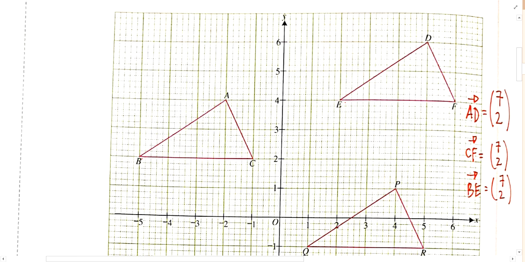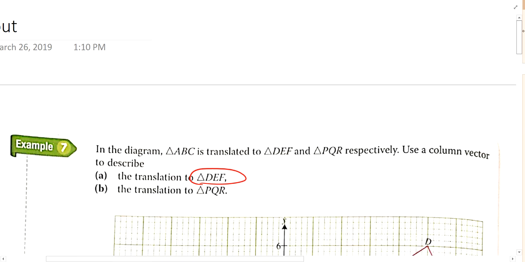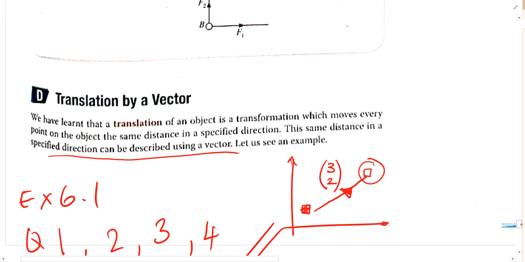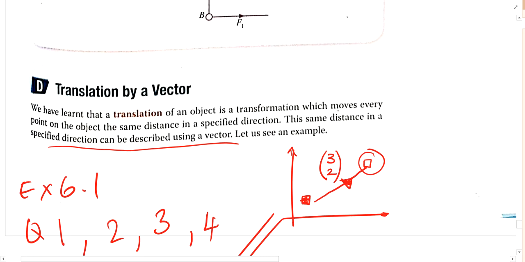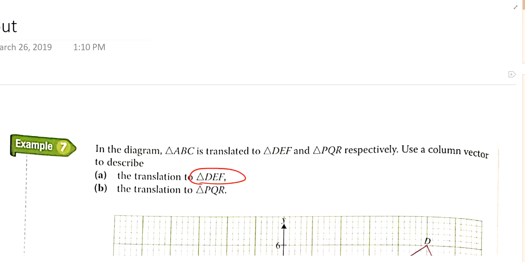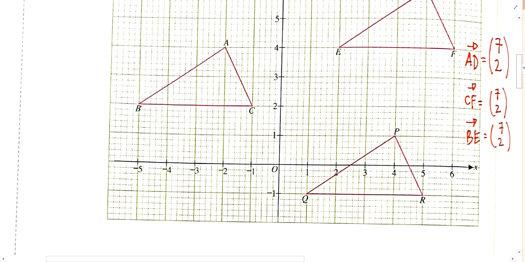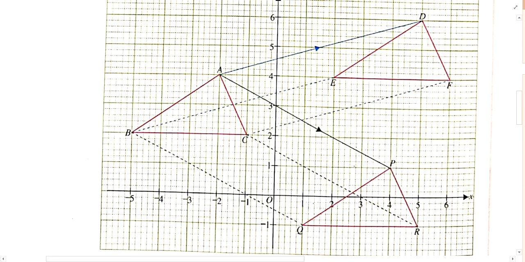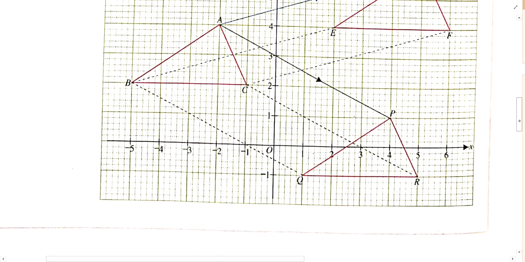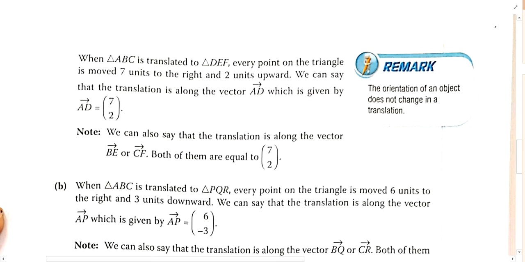Every point is moved the same distance in the same direction. So in our triangle, every point moved 7 units to the right, 2 units upwards. By joining the points, this is what we have. So the answer is (7, 2).